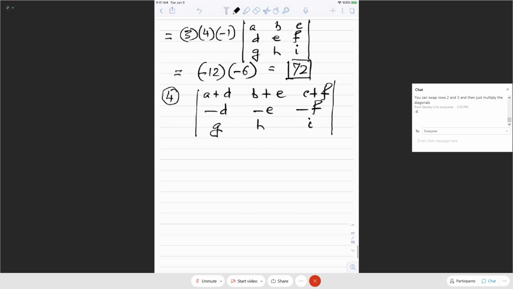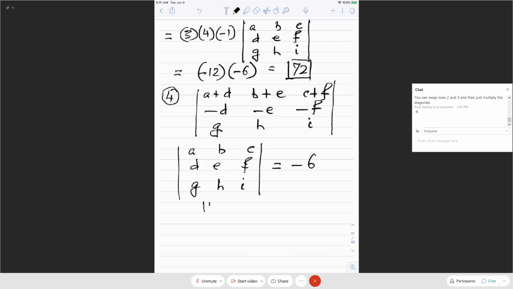Let us see whether she is correct. We are given that the determinant A, B, C, D, E, F, G, H, I is minus 6.